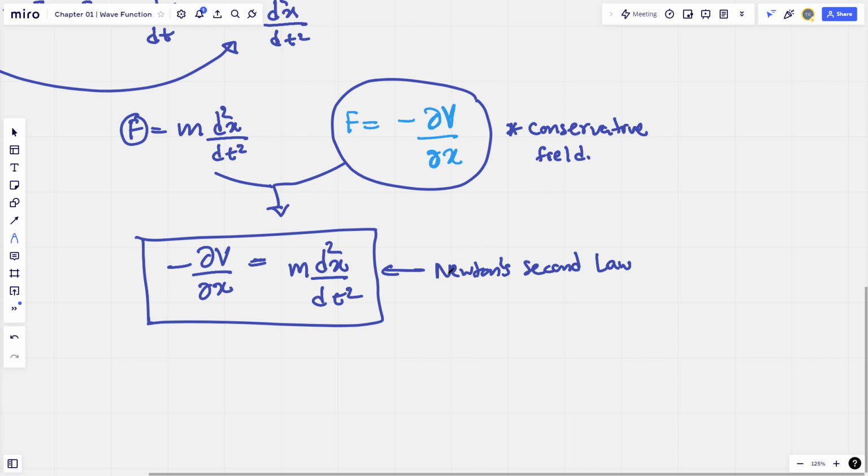Luckily for us, microscopic fields are always conservative.